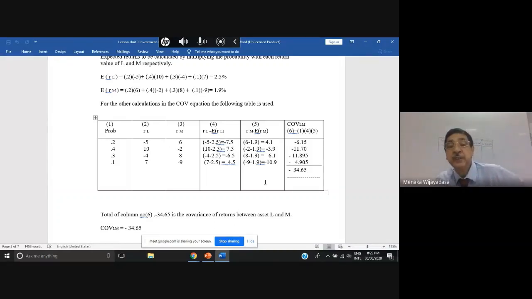So in column 6, to get the covariance, you need to multiply column number 1, that is the probability column, column number 4, that is deviation of return of L, and column number 5, that is deviation of return of M.